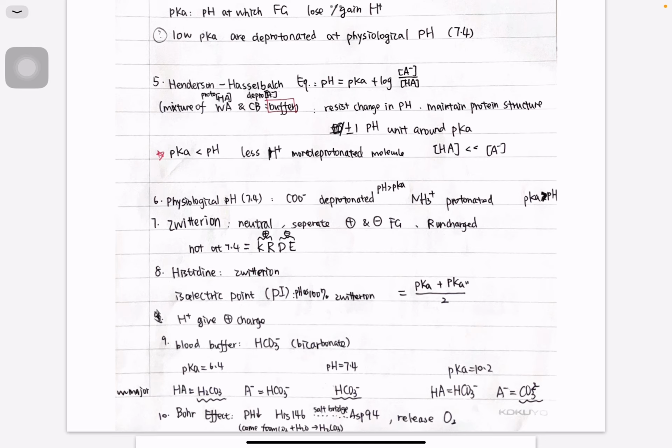And histidine is a more tricky amino acid because it can change its property depending on the solution it is put in. So how to calculate the isoelectric point? It means when the solution is 100% zwitterion, what is your pH? You need to take the two closest pKa values and divide by 2.